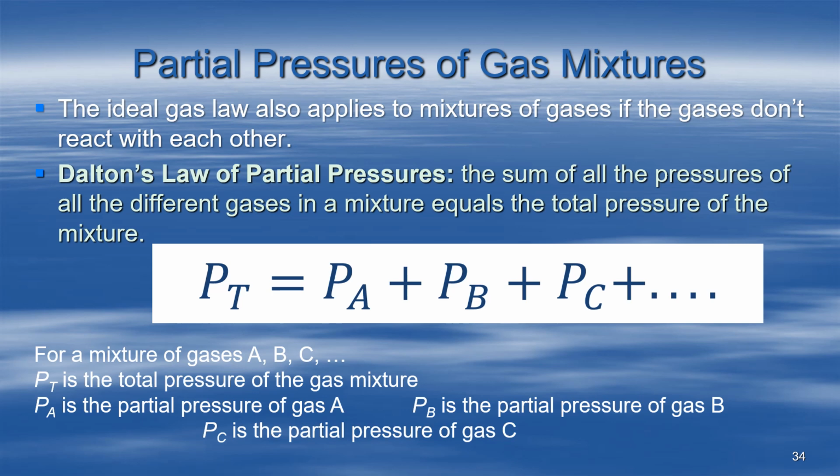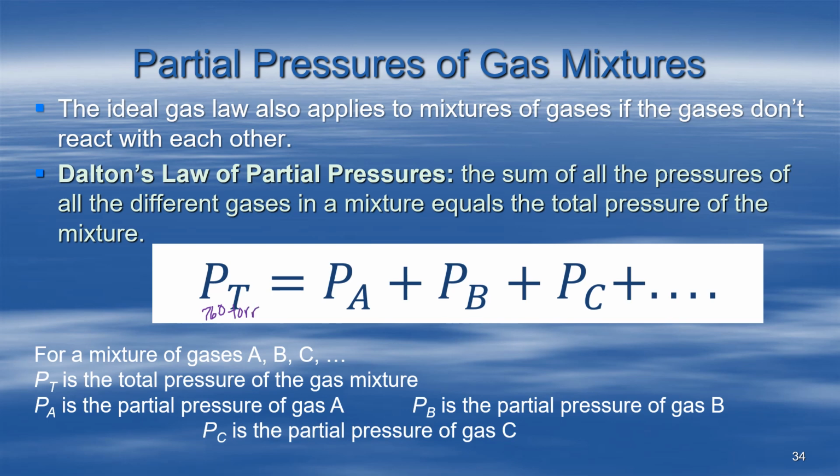So that kind of makes sense. If we had a mixture of A, B, and C, we add the partial pressure from A plus the partial pressure from B and the partial pressure from C, and we get the total pressure. If you think about our atmosphere, say standard atmosphere is 760 torr, or 1 atmosphere.